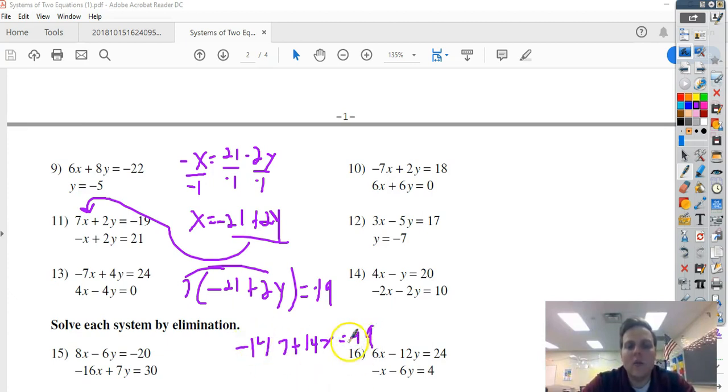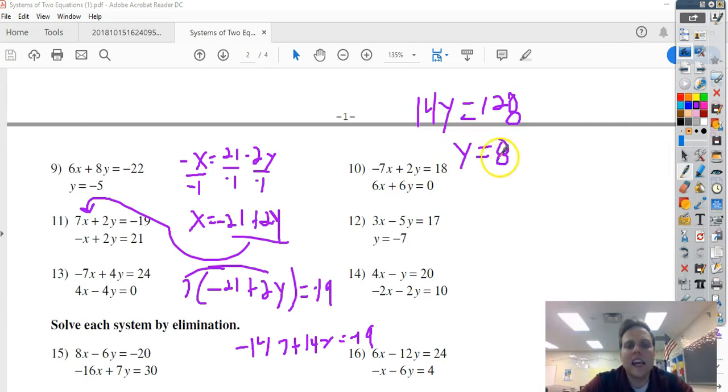Alright, I need to add the 147 over, so I get 14y is equal to 147 plus negative 19, which is 128. Divide both sides by 14, and you get that y equals 8.